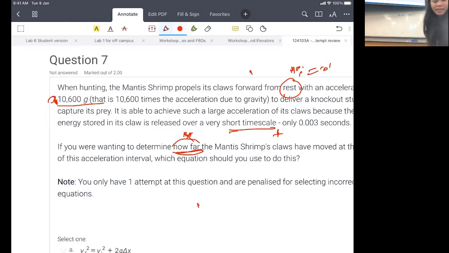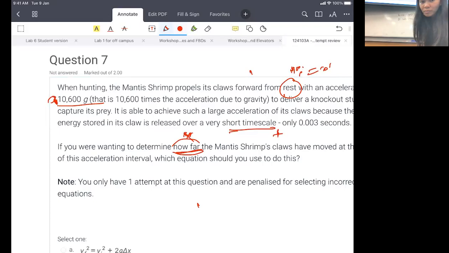Okay, and then it also says there it has an acceleration of 10,600 g. So your acceleration is 10,600 times 9.8. G is the 9.8 meters per second squared, the acceleration that you encountered in free fall. So A is given in the problem, acceleration.